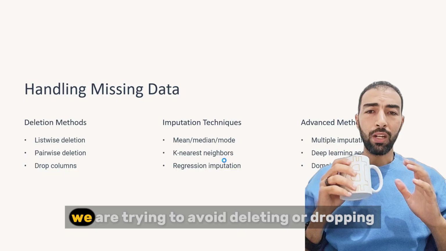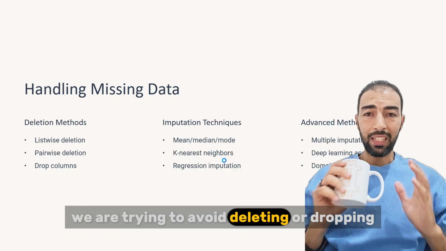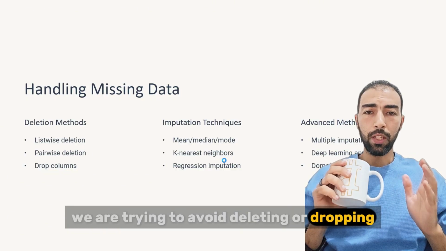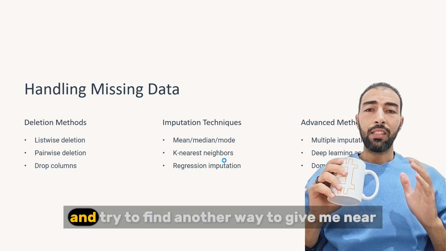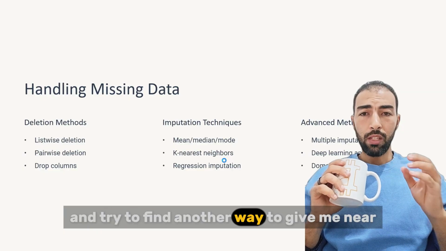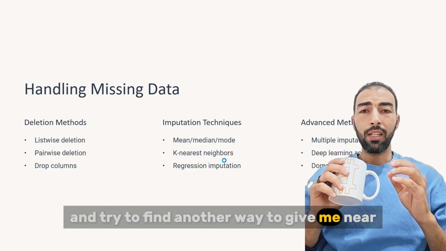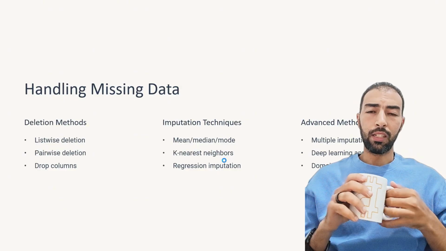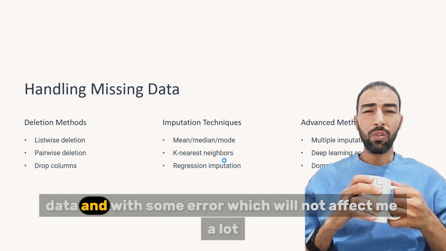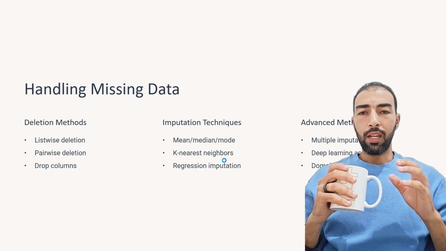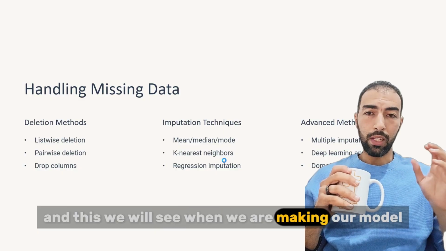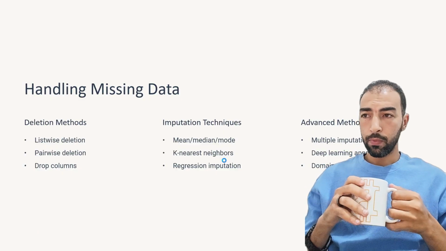But normally we try to avoid deleting or dropping any missing data and try to find another way to give me near data, with some error which will not affect me a lot. And we will see this when we are making our model.